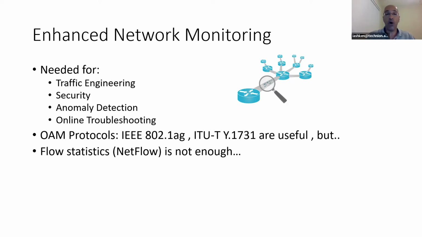We have NetFlow, which gives us good flow statistics, but still it's not enough because you can't see at the packet level. In order to troubleshoot, we need the real packet information.